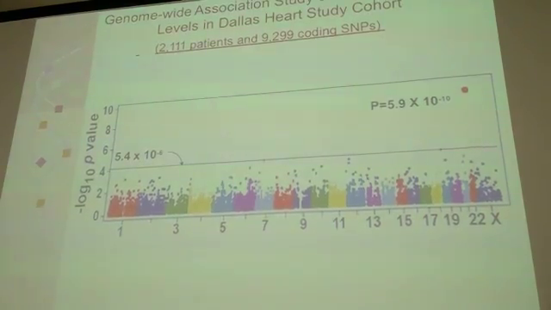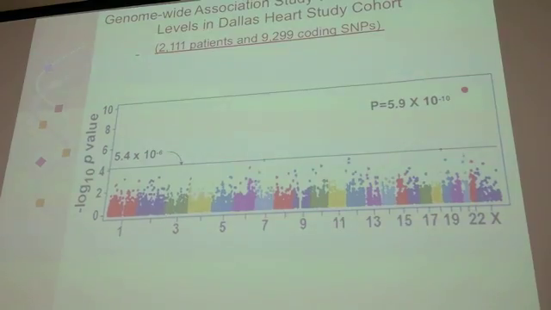So another example of discovery that's related to this course, both the lipid story as well as a topic I'll be talking about later in this course, which is fatty liver, which is related, obviously, to liver metabolism. A group at Dallas was able to measure in vivo in humans the amount of triglycerides stored in the liver.